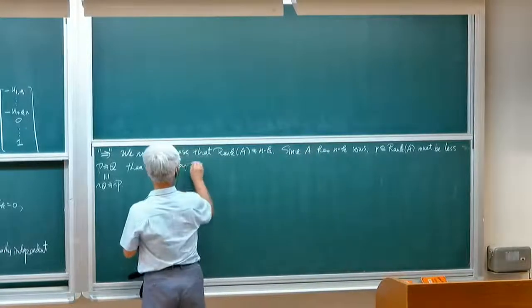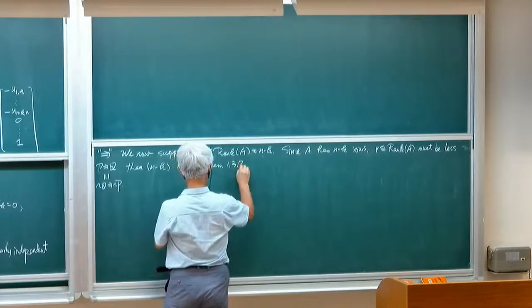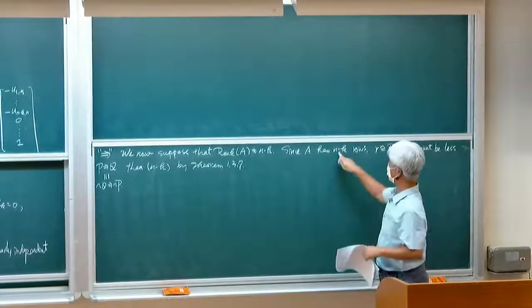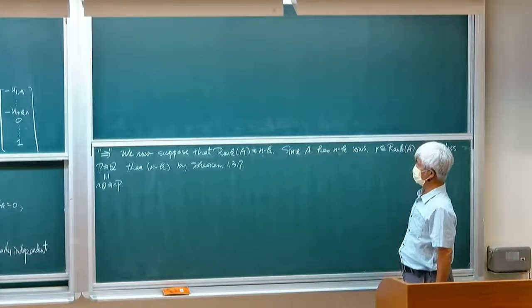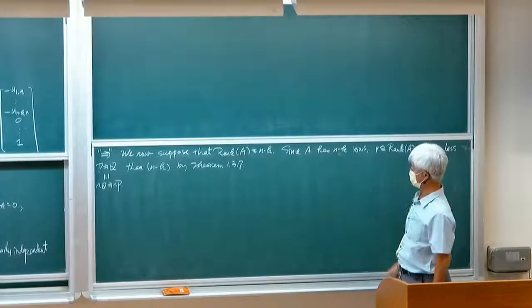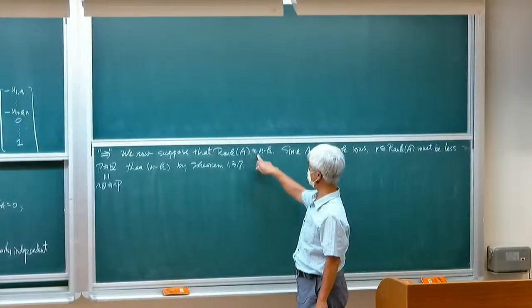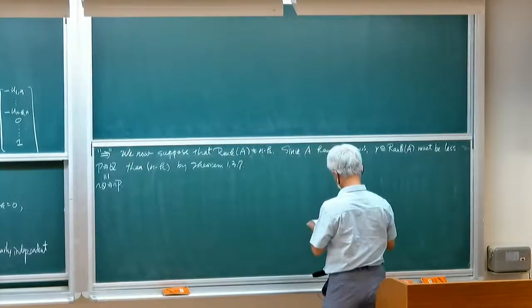Theorem 1.3.7 says that the rank r should be upper bounded by the number of rows, which is n minus k. So r is less than or equal to n minus k, but here we suppose that the rank is not equal to n minus k, so r is less than n minus k.